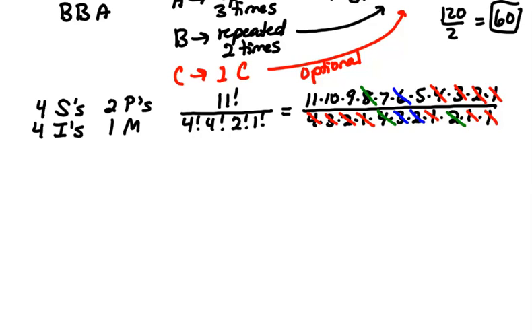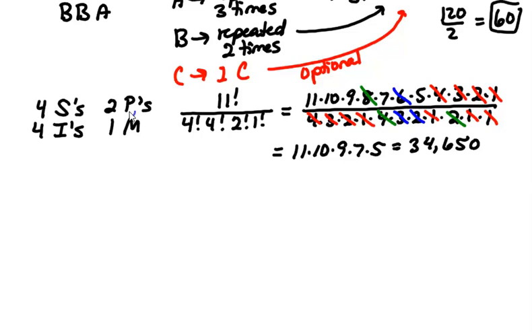So what's left over is 11 times 10 times 9 times 7 times 5. Don't forget that 7 and 5 that are still there. That turns out to be 34,650 arrangements of these 11 letters that are all unique.